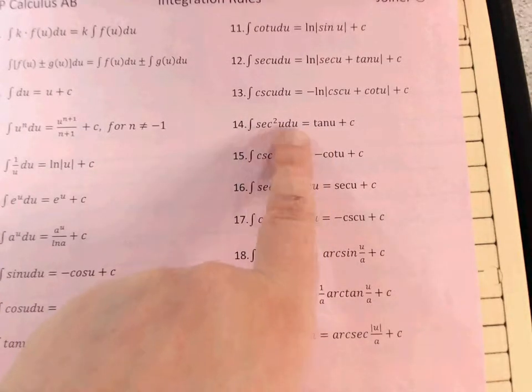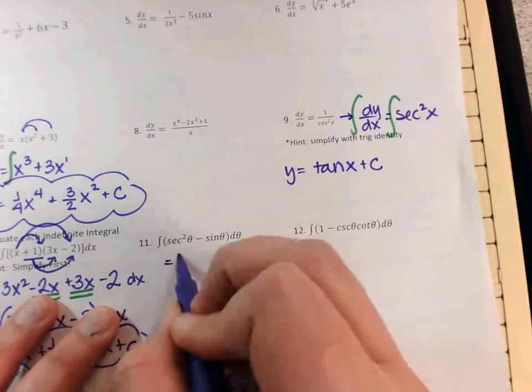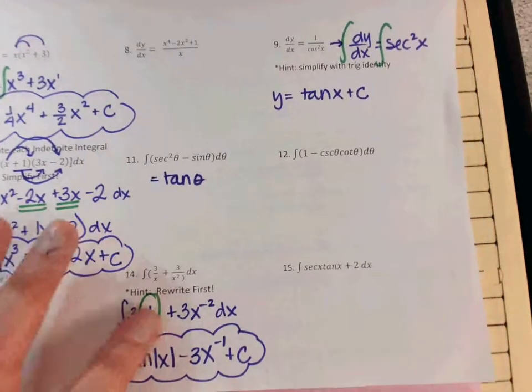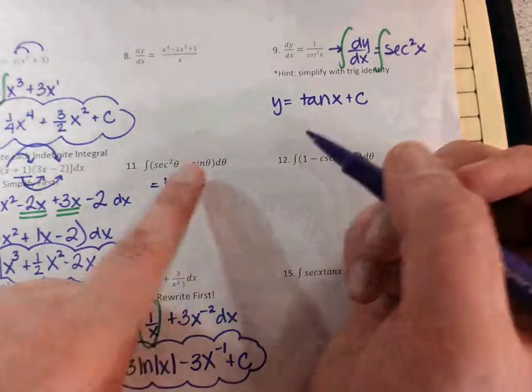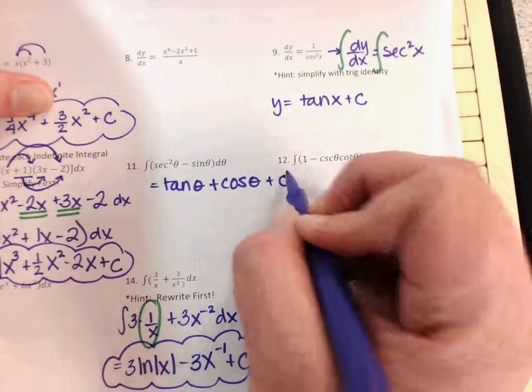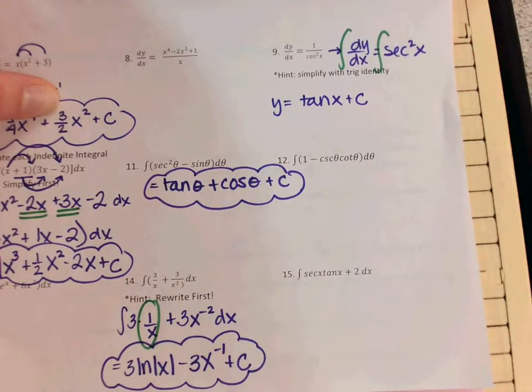Integral of secant squared is tan. And then what's the antiderivative of negative sine? You just wrote it in your notes. Negative sine would be positive cosine theta. Okay, so if it comes to a trig rule that you don't remember, you're just going to go back to your list. Okay? Number 12, take a look at it.